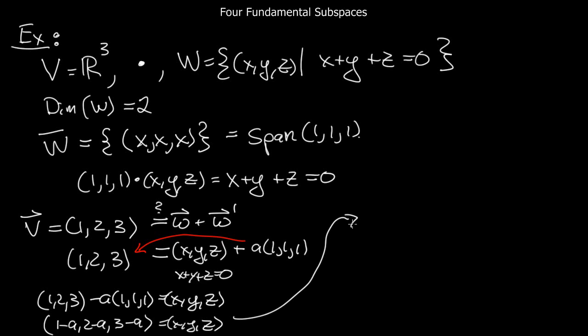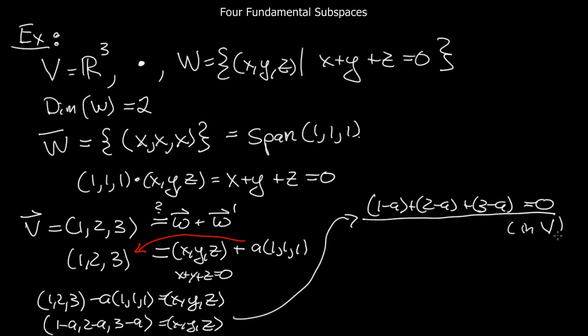If the coordinates really do add up to 0, that tells me that 1 minus a plus 2 minus a plus 3 minus a had better be 0. So 6 minus 3a had better be 0, and I've concluded that a is equal to 2. That's the only choice.